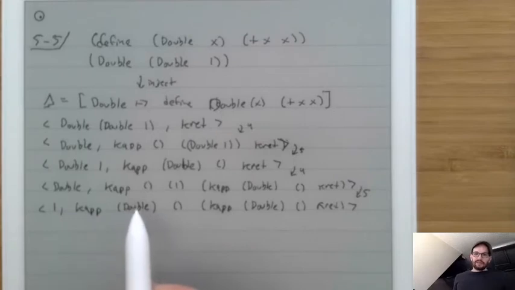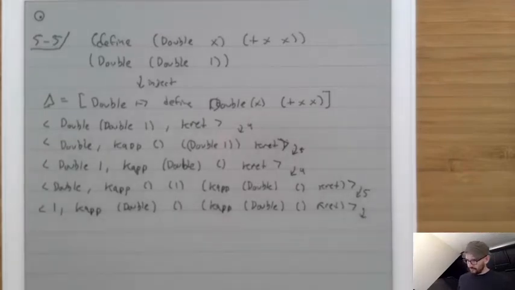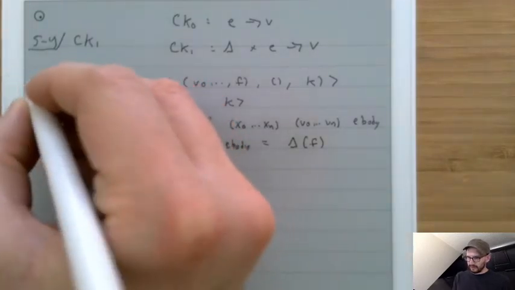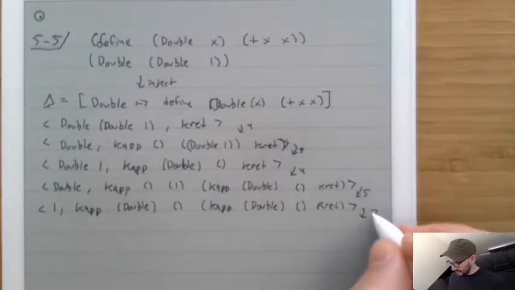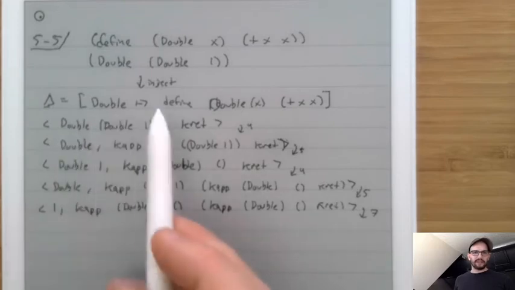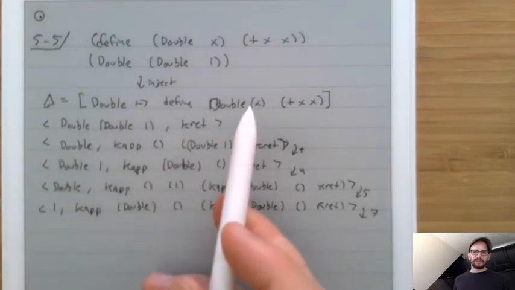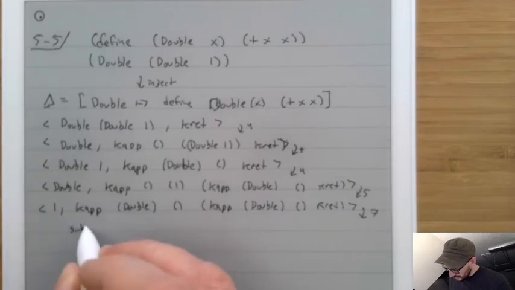We have a sequence of values that ends in a function name, and then we have no arguments. So therefore, we can use this new rule right here, which I guess would be rule 7. This rule requires us to do a few things. We first have to look up double inside of delta, and we'll get this. Then we need to call subst on the body.